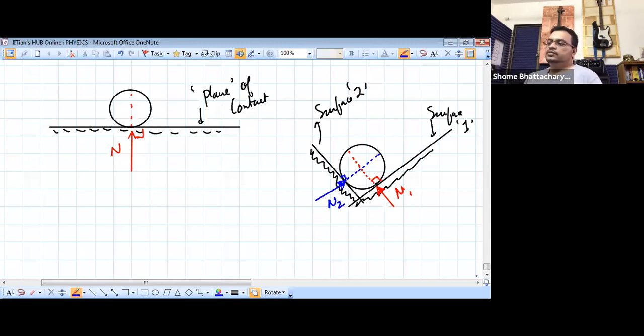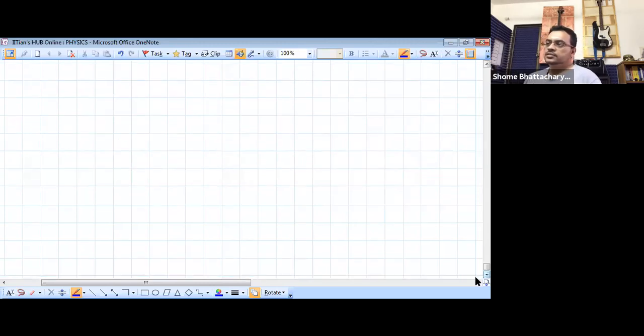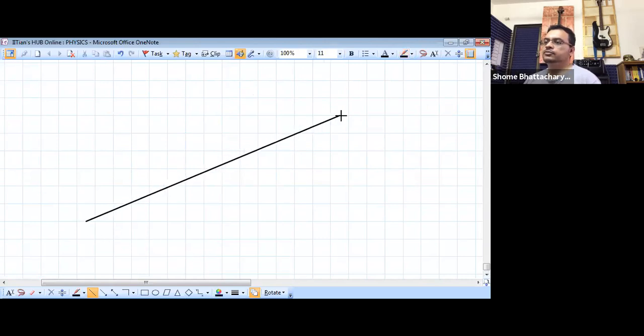So similarly, in this case, we have this block on the inclined plane. The inclined plane will apply a normal reaction perpendicular to itself. So here, whatever this angle theta is, now what is the contact plane on the surface of this block? This one.